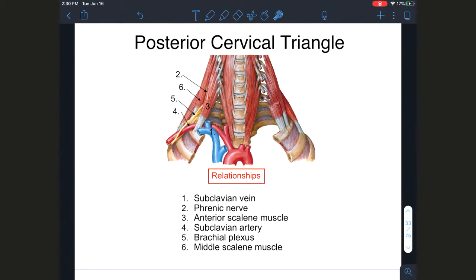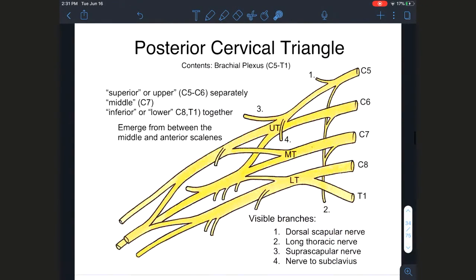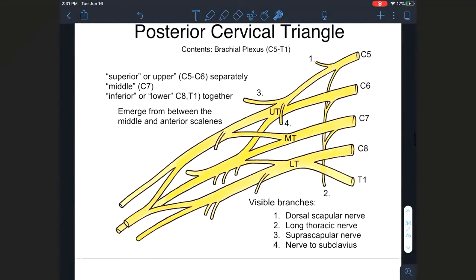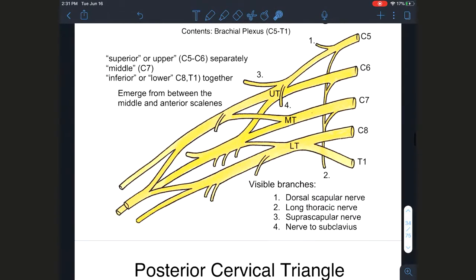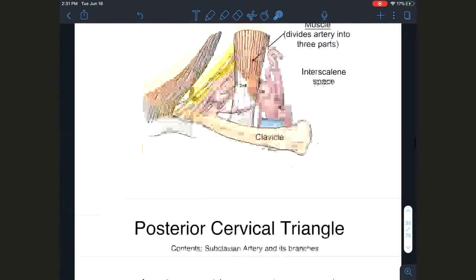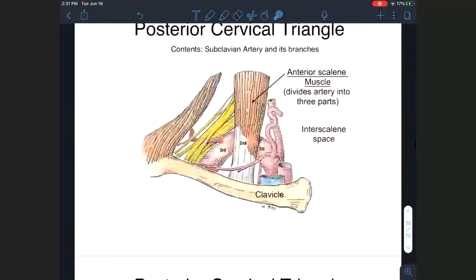If you have a picture of the brachial plexus, you can see it a little better. It doesn't really show it well there, actually. That's the long thoracic. I don't think there's a good picture of it, but you get the point.